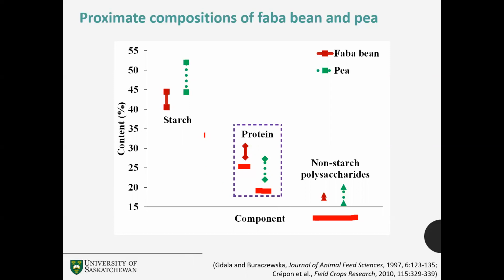But another thing I want to call your attention is, despite the higher protein content, faba bean still has about 40 to 45% of the starch as the main co-product. So the pulse processing industry is still facing the challenge of finding new ways to utilize the faba bean starch.